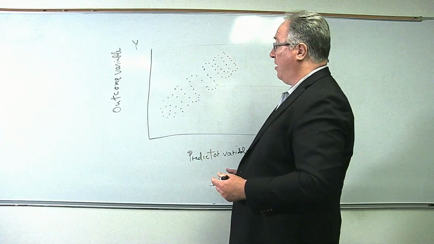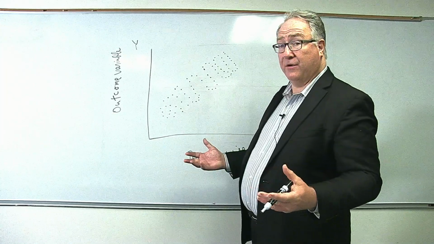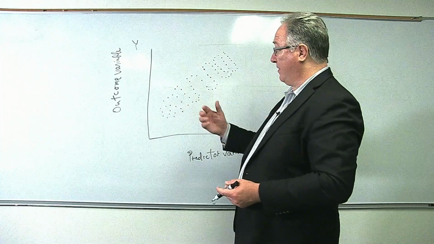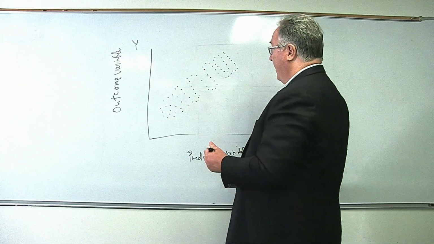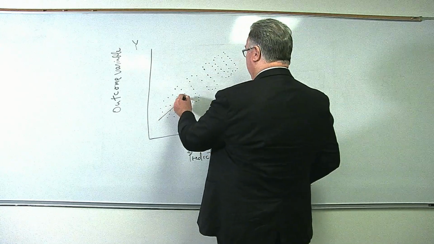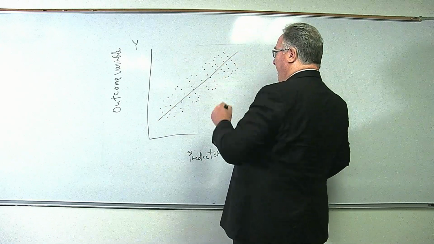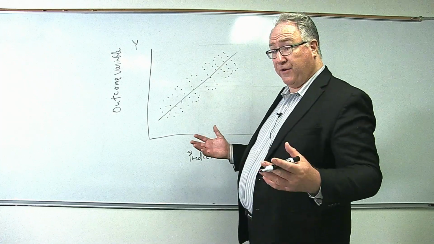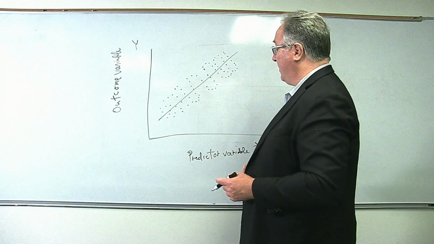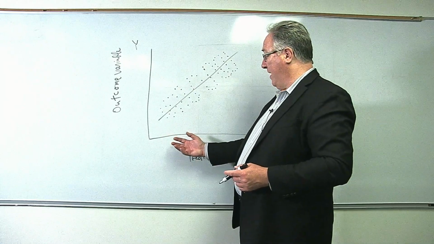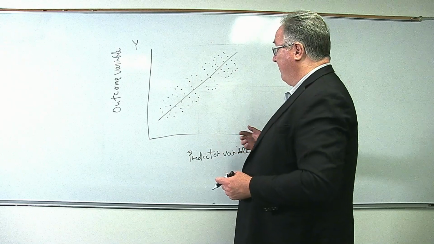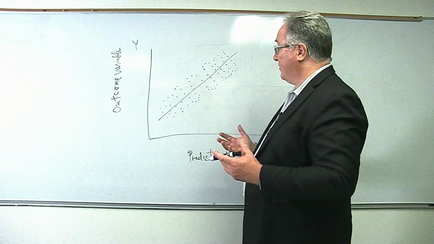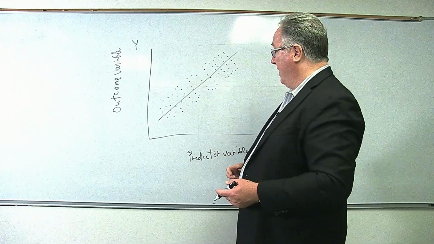And we like to draw a line through those observed values as a way of describing the relationship between the outcome variable and a particular predictor variable. The line might look like this, and that would be an example of a linear relationship. Generally speaking, not perfectly, but as values go up on the predictor variable, values also go up on the outcome variable.